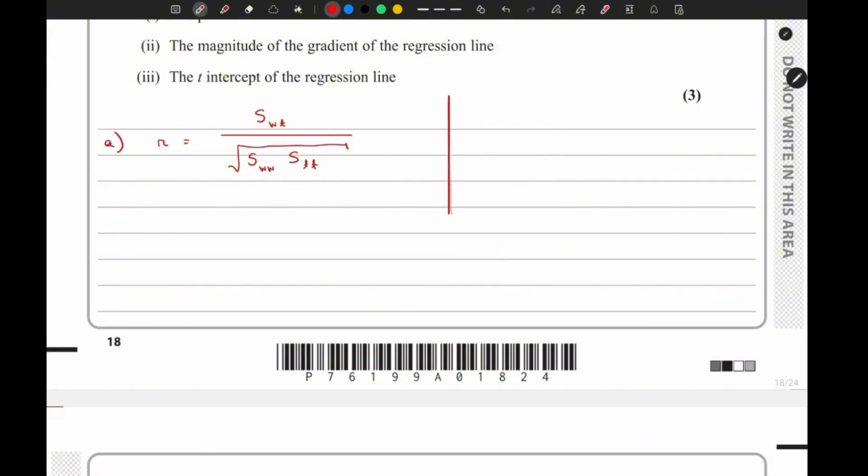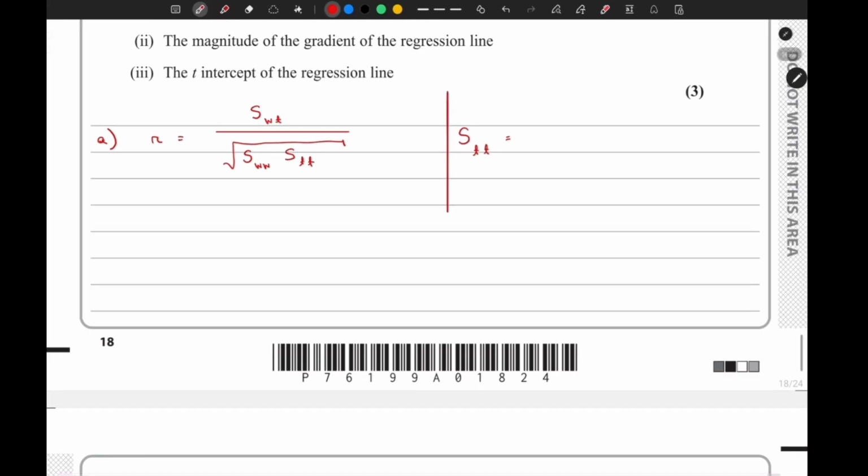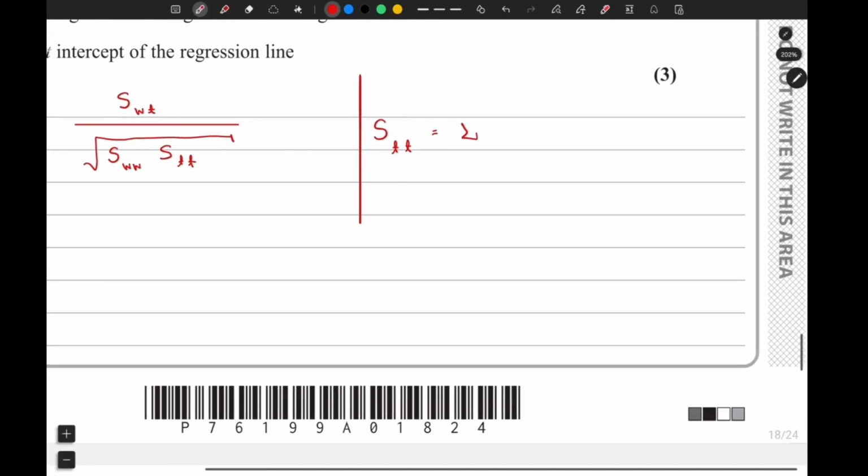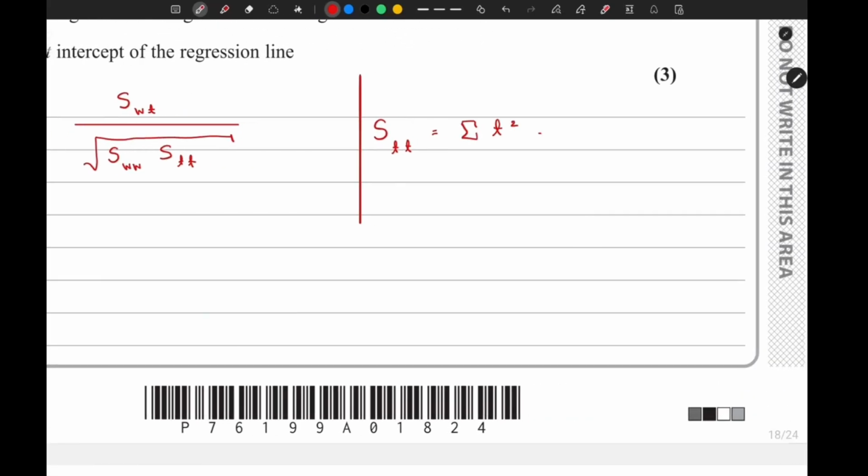So let's calculate this. The summary statistic of T and T can be written as the summation of t squared minus the summation of t, whole squared, divided by n.